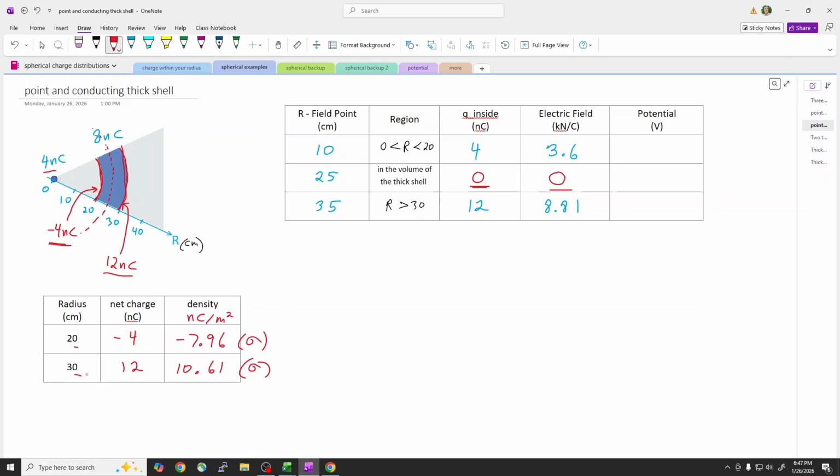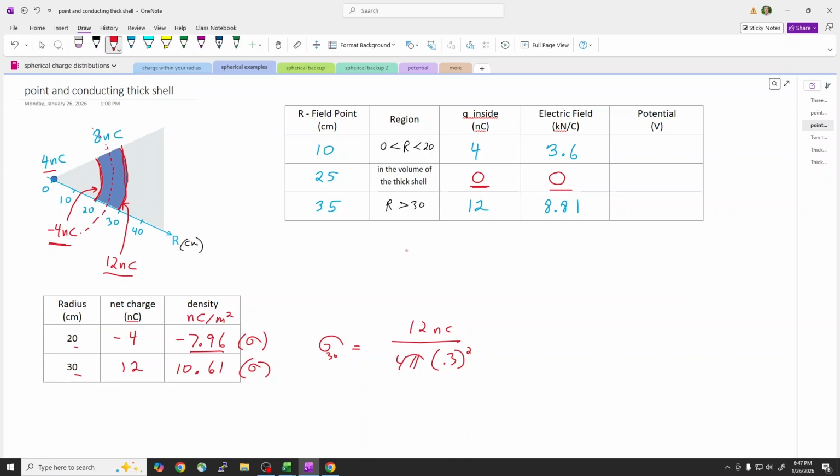For example, at the 30 centimeter mark, sigma is the 12 nanocoulombs over the surface area of 4 pi r squared. Now I put the 30 centimeters in meters, so we'll leave nano. You should get 10.61 nanocoulombs per square meter. And you should also be able to calculate this one.